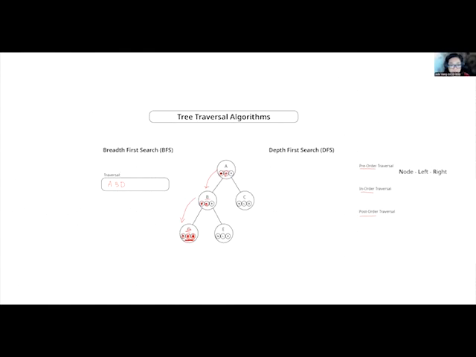And at node B, there's still traverse right left. So let's traverse right. And with node E, we record the node and traverse left. There's no left node. And traverse right, there's no right node. So that completes E. So now we can return back to node B.